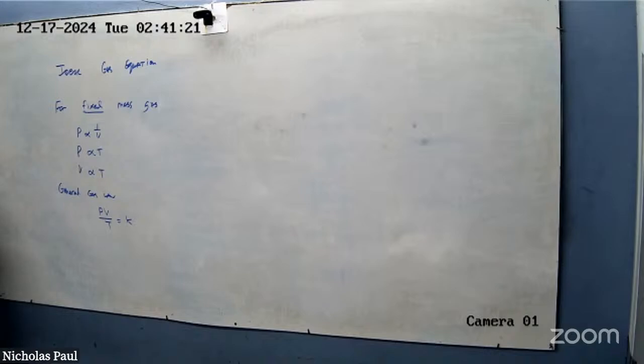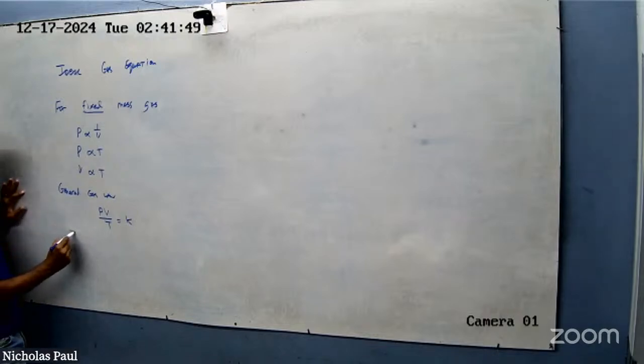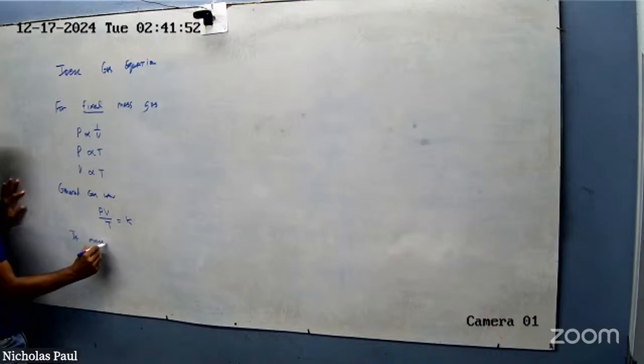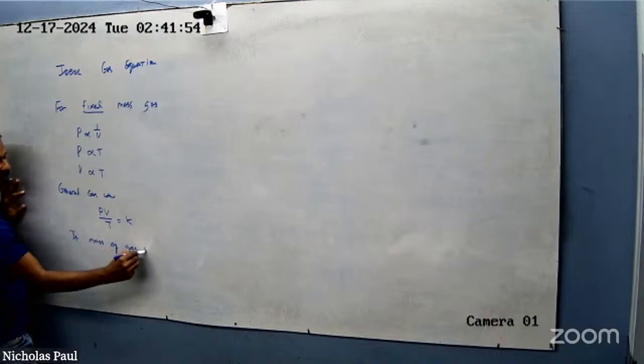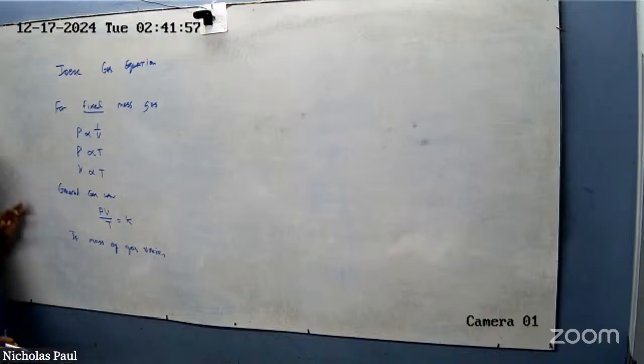So the general gas law is given by PV on T equals K. But this law only holds for a fixed mass of gas. What would happen now if we change the mass of the gas? If the mass of the gas varies, then we have to consider what?